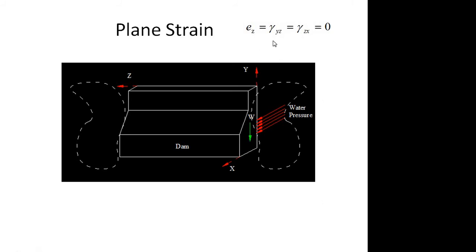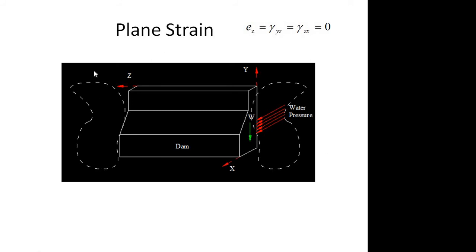So what happens, this is the water pressure. From here water pressure is acting on this side. Okay, so what we are doing is, since we have constructed it between two rocky regions, it cannot expand along this direction, that is Z direction. It cannot deform or expand along this Z direction. So the strain along the Z direction is arrested.